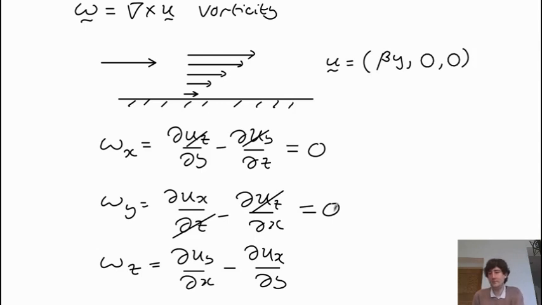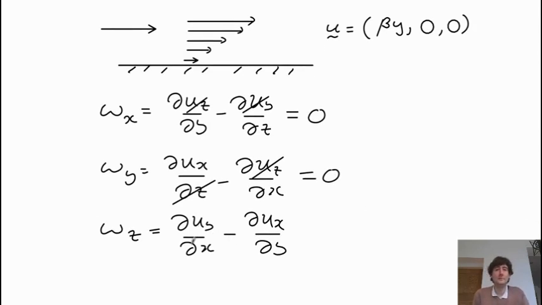And then finally, here uy is equal to 0, so that part disappears, and we just have dux by dy, which is this beta term, which is minus beta. And so here we have vorticity. So vorticity is not equal to 0. In fact, there's vorticity into the page, but we don't have any obvious rotation.